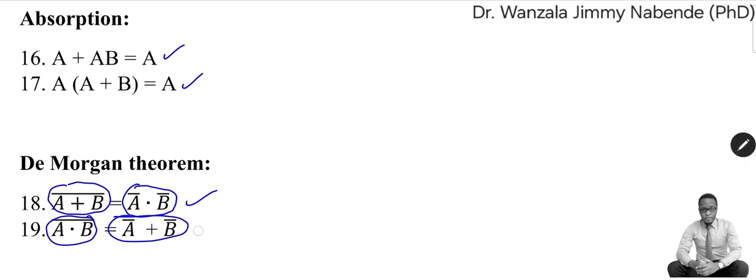So that is how you relate the negation of these two Boolean algebra expressions. This one is representing the or, and this one is representing the and. And then this relationship of this negation, this is the and negation, this is the or negation.